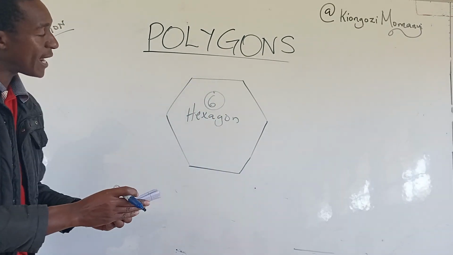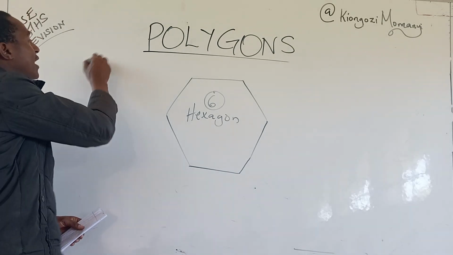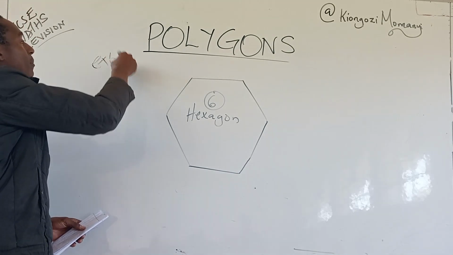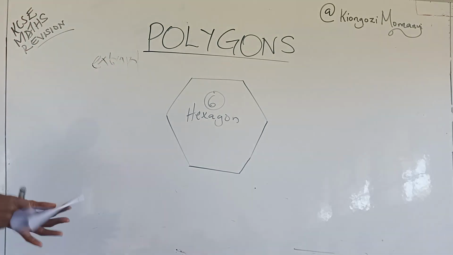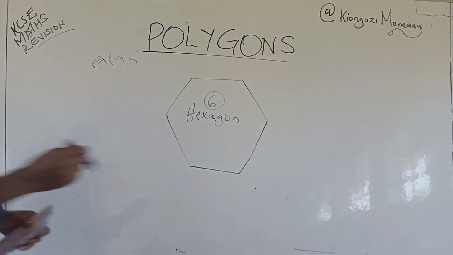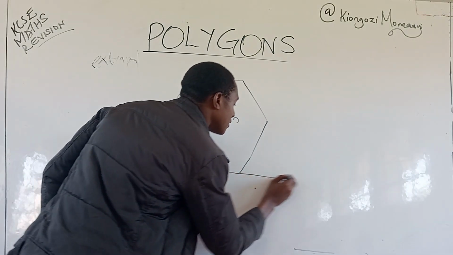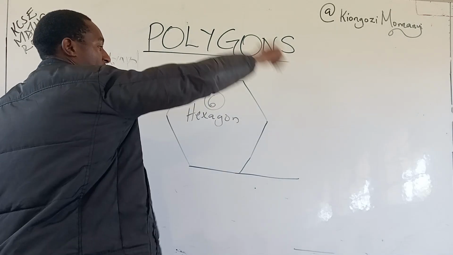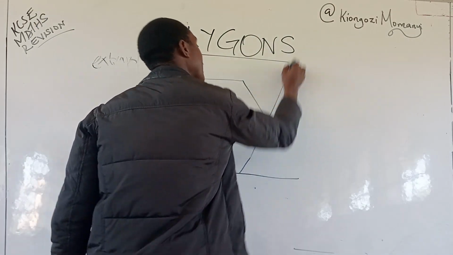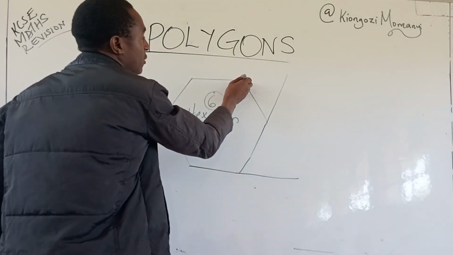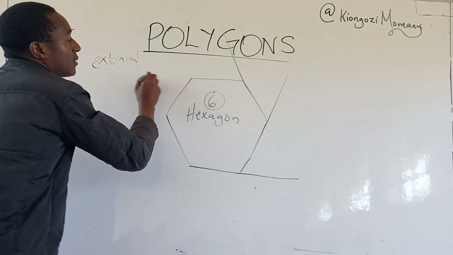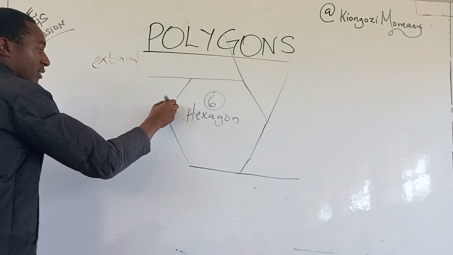I'll do some extrapolation of these lines. For example, this one, I'll take it straight that way. I'll extrapolate all the lines, but in one direction, like that.